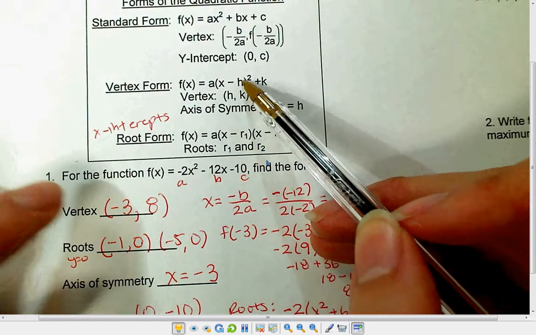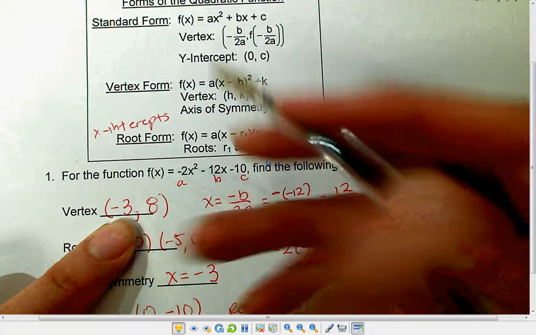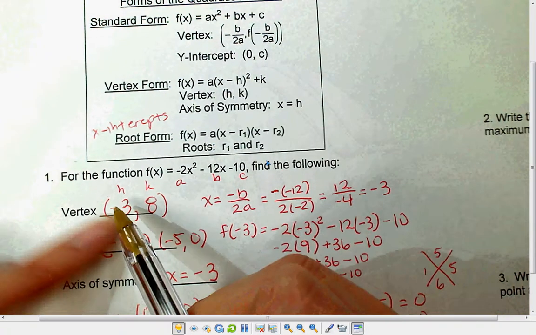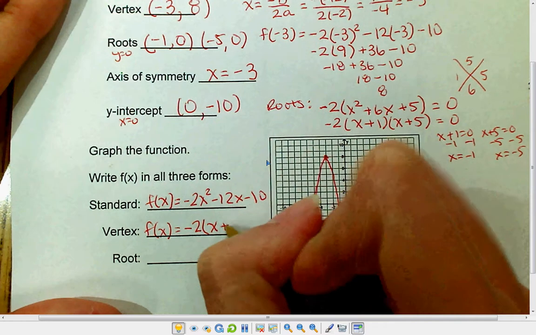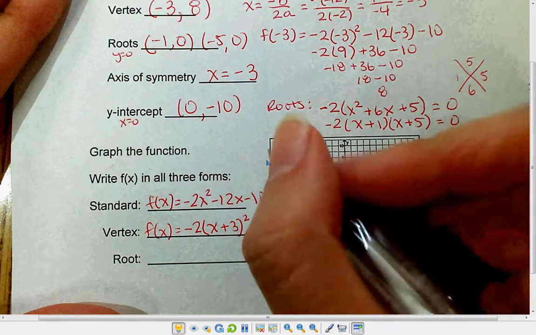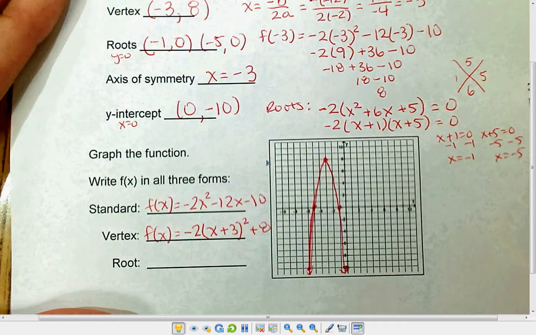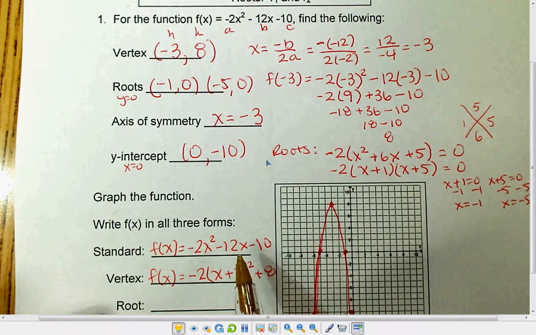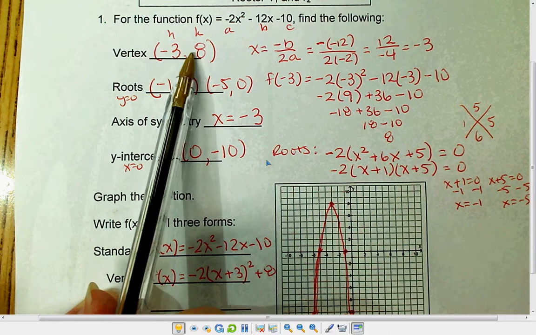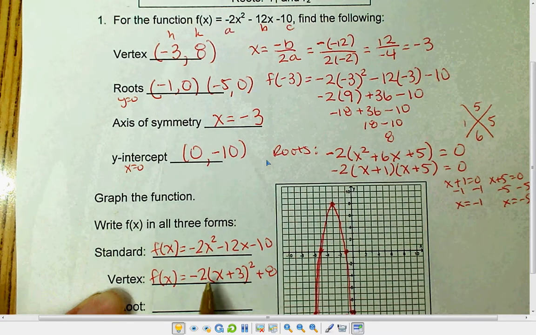If h is the x value of our vertex, so this is h and this is k, we have x minus h, so minus negative 3, which actually makes it a plus 3, squared. And then plus k, and our k value is 8, so plus 8. That is our formula for our vertex form. Again, here's our h, here's our k, and that's what we're plugging in here.